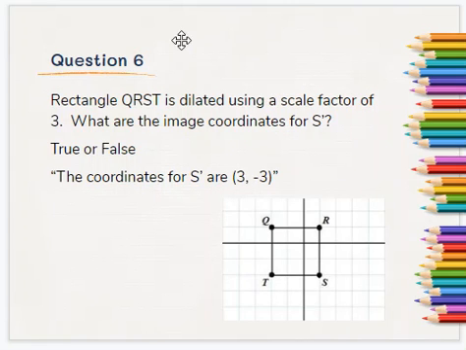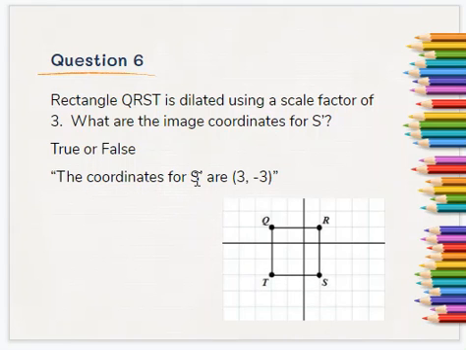Question 6. Rectangle QRST is dilated using a scale factor of 3. Now, what are the images for S prime? So now this is a true-false question.